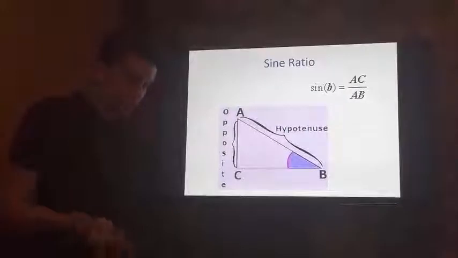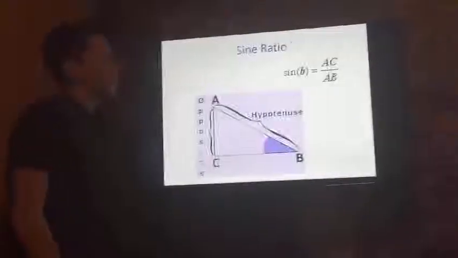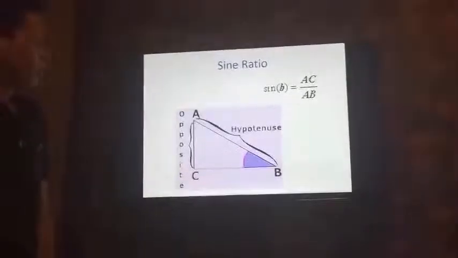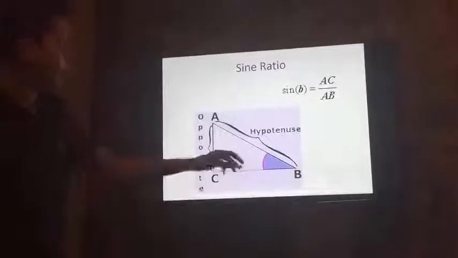We have 3 most popular terms in Pythagoras theorem. One is sine ratio. We can find it by opposite divided by hypotenuse.